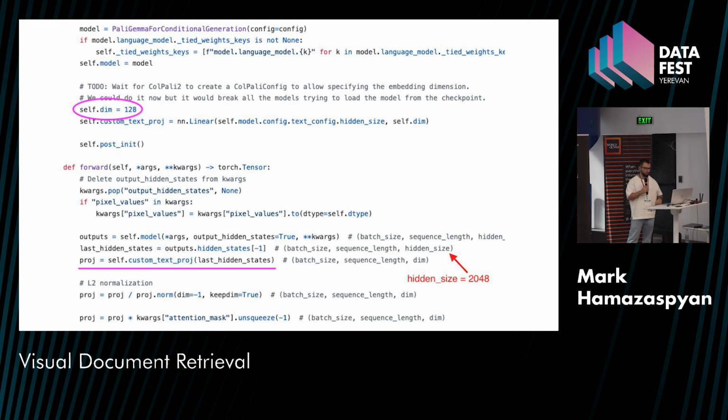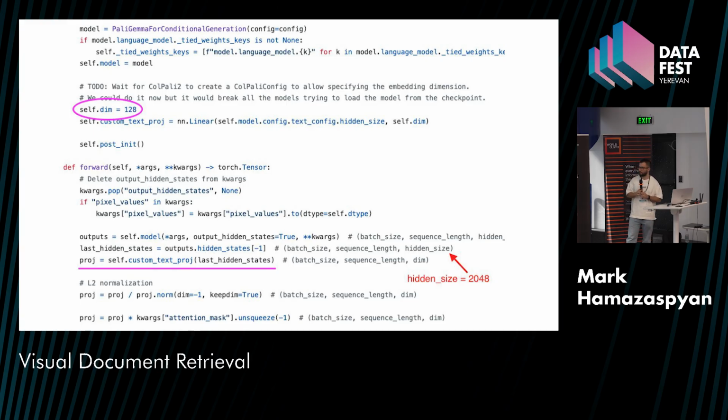So to overcome this issue, we compress the embedding dimension to a smaller one. Instead of having 1000 by 2048, we project our last hidden states with a custom text projector to a 128 embedding dimension.